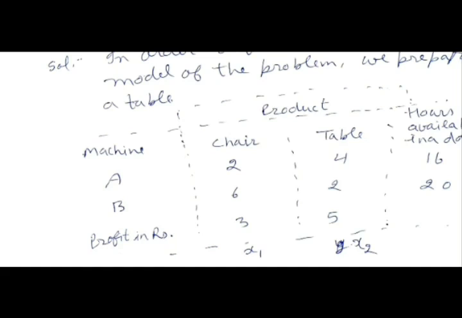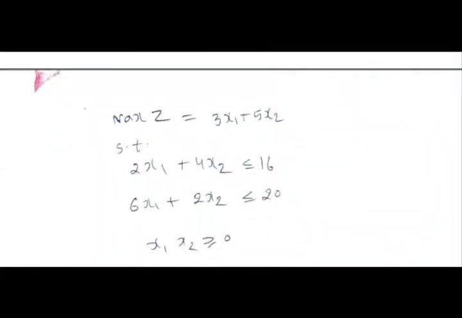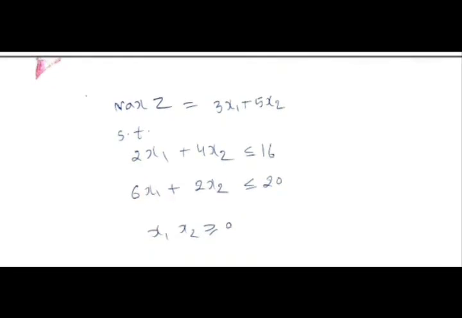Similarly, 1 chair requires 6 hours of B, so x1 chairs will require 6x1. And 1 table requires 2 hours of B, so x2 tables require 2x2 hours of B, and the total hours available per day are 20. So 6x1 + 2x2 must be less than or equal to 20.